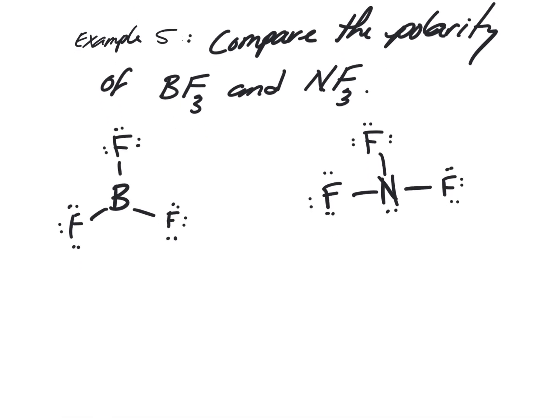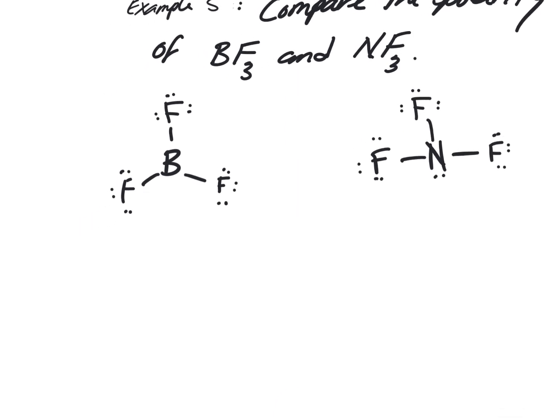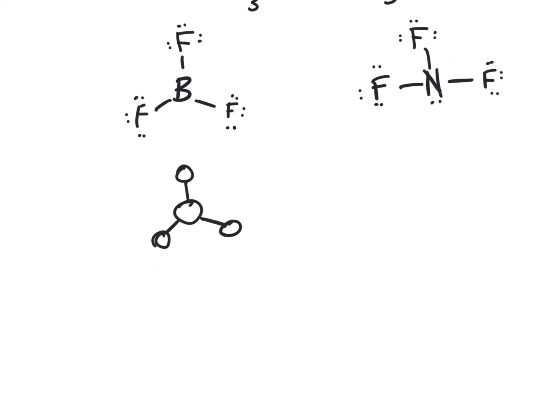Now, when we look at these structures, let's define their shapes. Boron trifluoride, there is no lone pair at the boron. So this is going to be a trigonal planar shape. Trigonal planar.